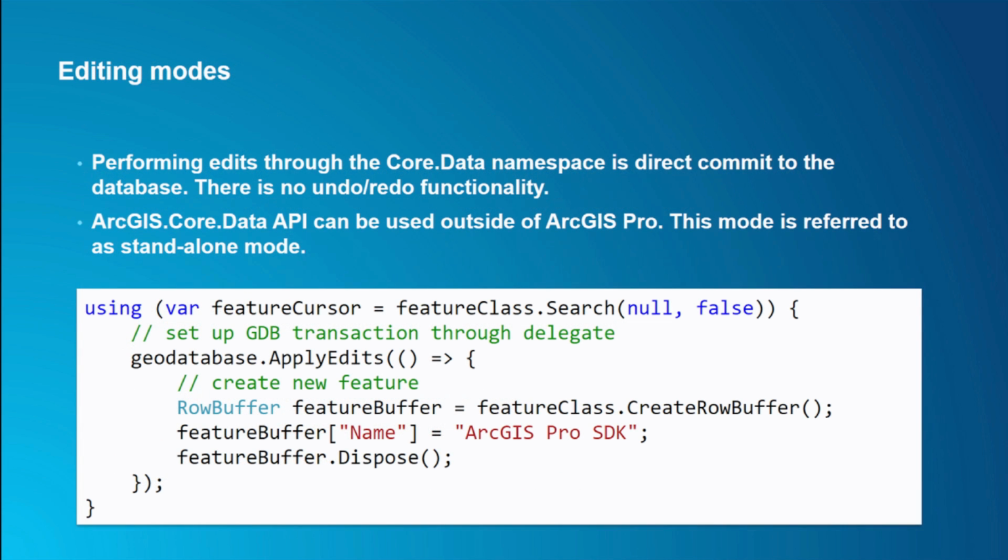And one that I would like to bring up is actually doing a direct operation against the geodatabase or against the database. There is this one particular method in there that might be of interest to you, where you can issue direct commits to the database through the core.data namespace. And a funny thing about that is, because it is living in the core environment, it can be used outside of the ArcGIS Pro application.